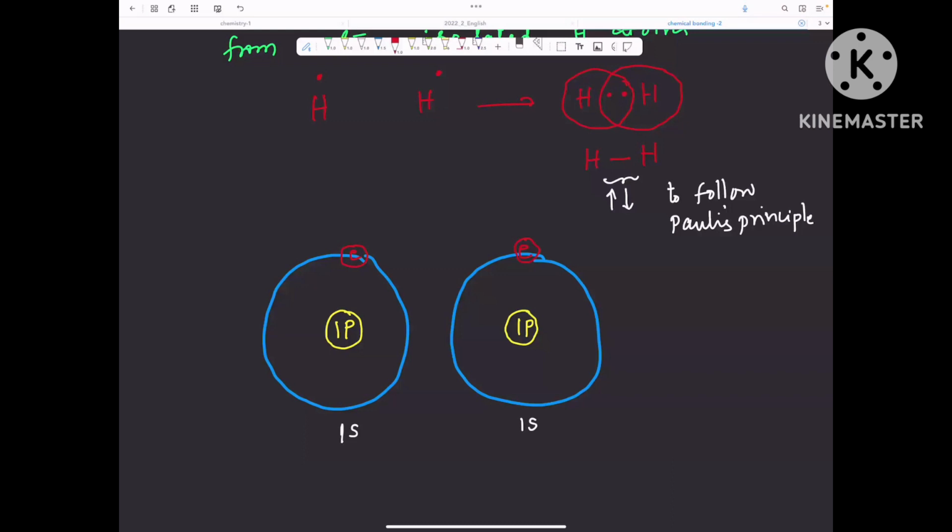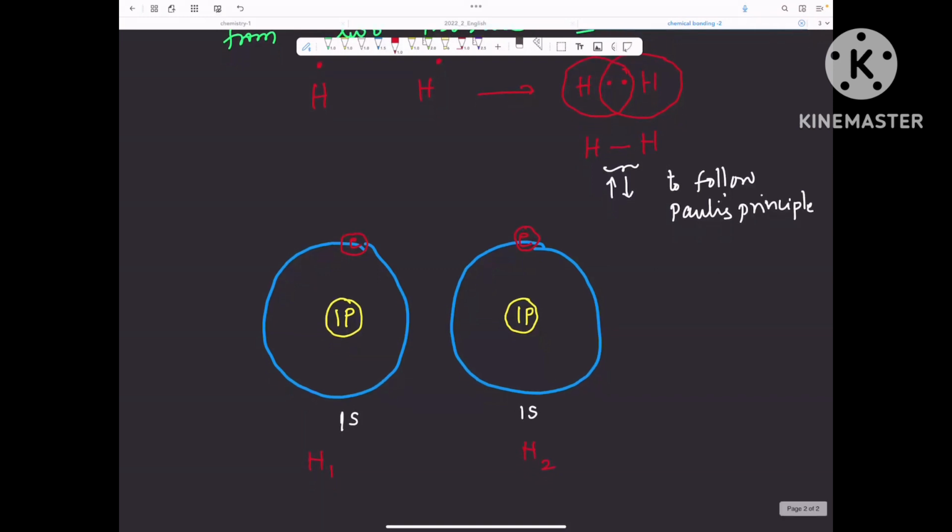For the time being, to distinguish, I am calling the first hydrogen atom H1 and the other hydrogen atom H2, and I am calling this 1s1, the 1s orbital of H1, and this 1s2, the 1s orbital of H2. That is, the first and second hydrogen atomic orbitals.